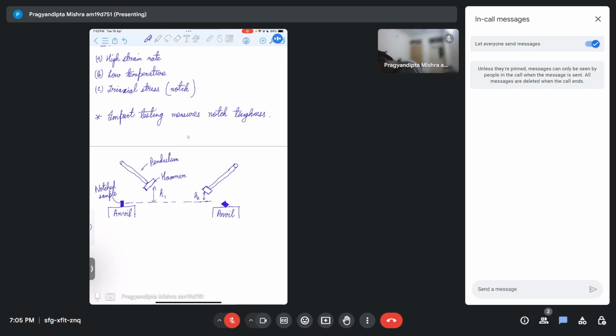Let me just draw Izod. So my anvil will be holding a sample like this.